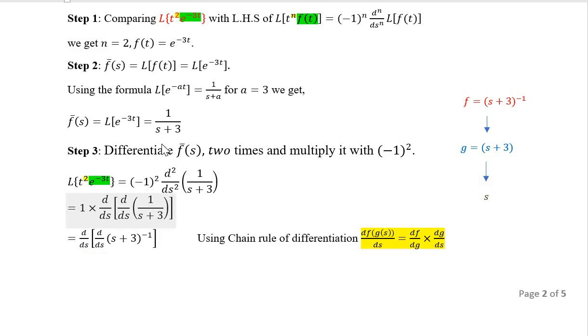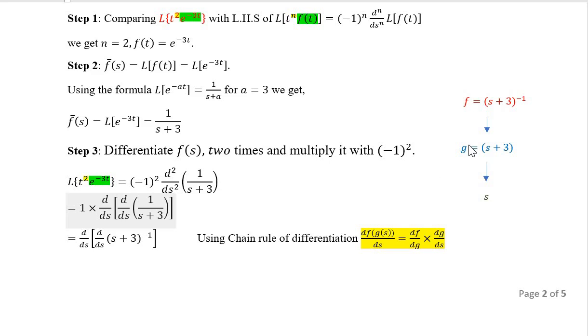S plus 3 inverse is a function of function. If I regard s plus 3 inverse as f, then f is a function of s plus 3, where s plus 3 is denoted by g function. G being s plus 3 is a function of s.